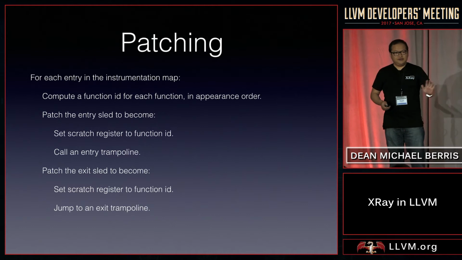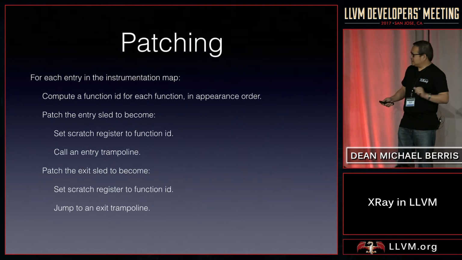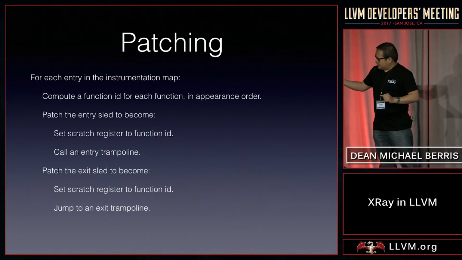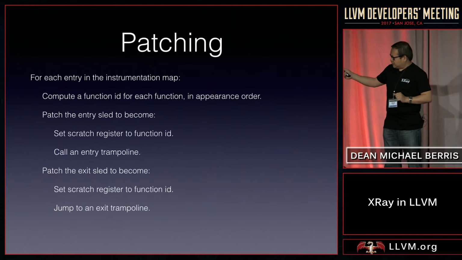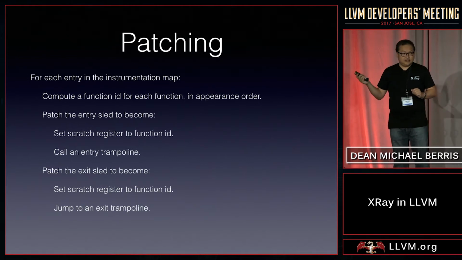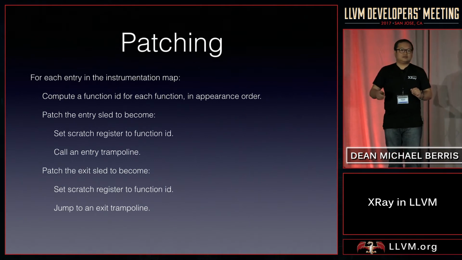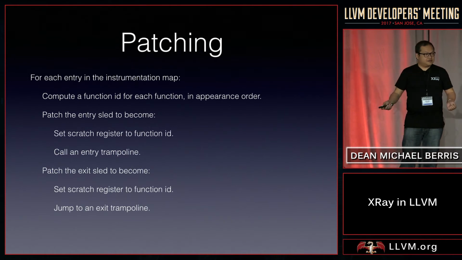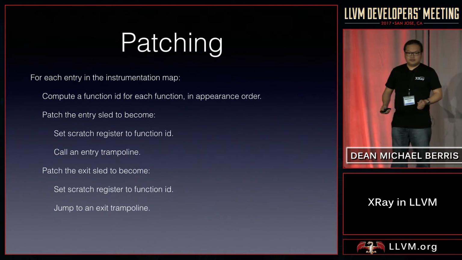I'm going to hand wave what the entry trampoline does. Just assume it does something non-nefarious. The second one is, if it's an exit sled, we want to change it to put the function ID in a scratch register and then jump to an exit trampoline. So you can imagine that exit trampoline has a return somewhere, right?